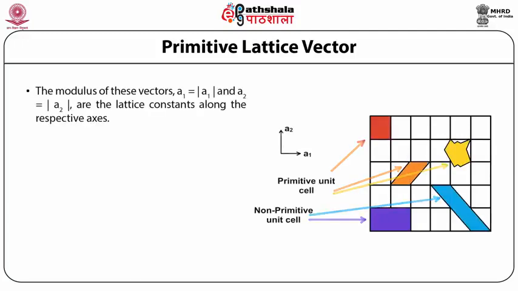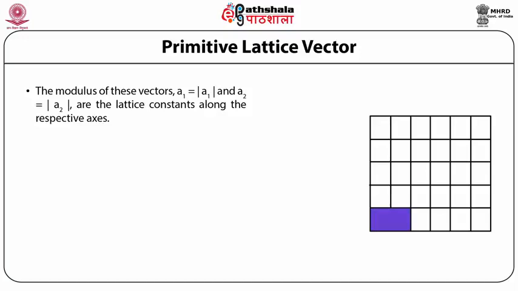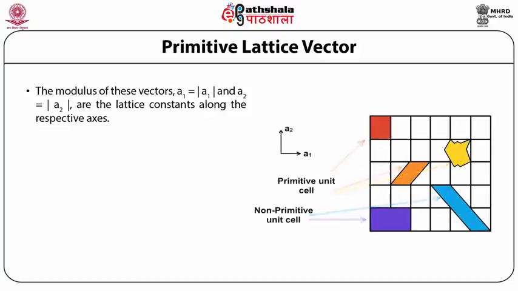So a1 and a2, this is shown here in 2 dimensions. You can see that on the left it is written that the modulus of the vectors a1 and a2 are the lattice constants along the respective axes. On the right hand side we have a big square and there are some small rectangles, and on the left hand side there is a shaded one.